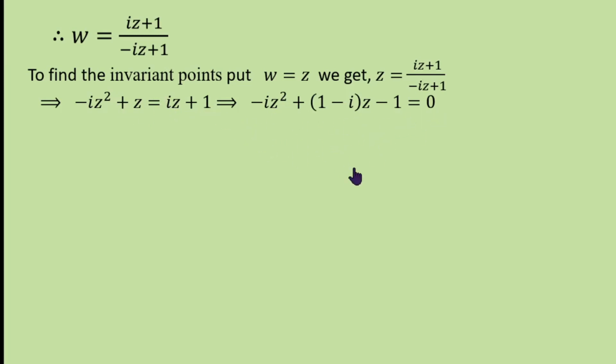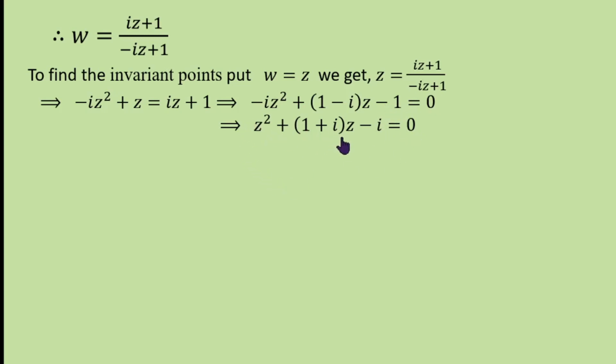Or you can multiply throughout by i. Minus i into Z squared, multiplying by i, minus i into i is minus i squared, that is 1, Z squared. Minus i into 1, multiplying by i means i, minus i squared is 1, therefore 1 plus iZ, multiplying by i means minus i, equal to 0.